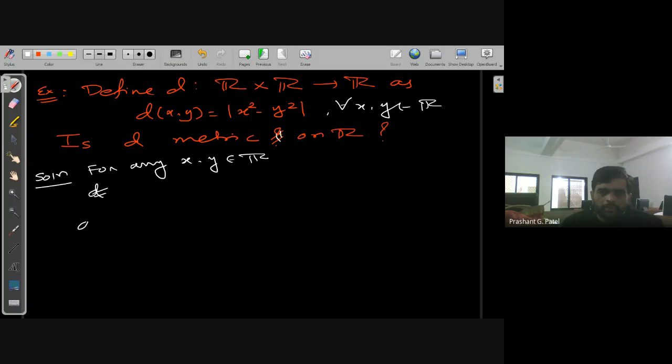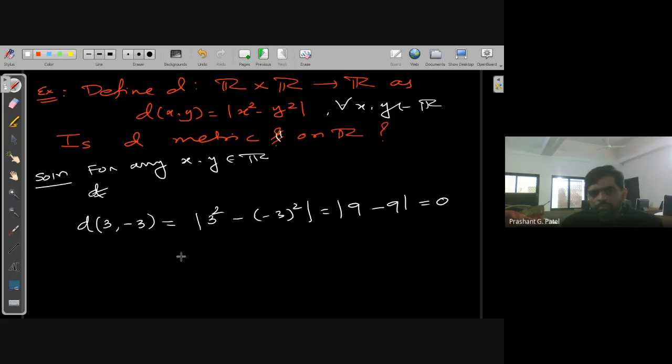For example, if I have 3 and minus 3, what will be the value? This is 3 square minus (minus 3) square. It gives you 9 minus 9, which is 0. But 3 is not equal to minus 3. Agree? So therefore, this d is not a metric on R.